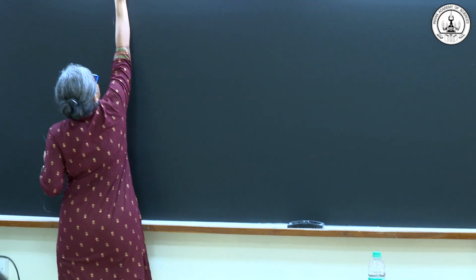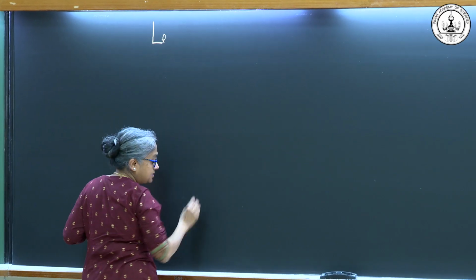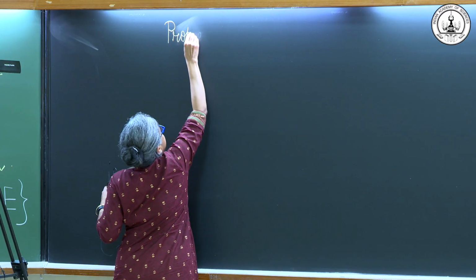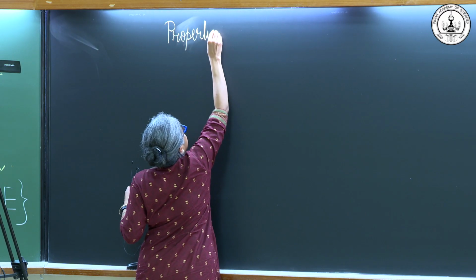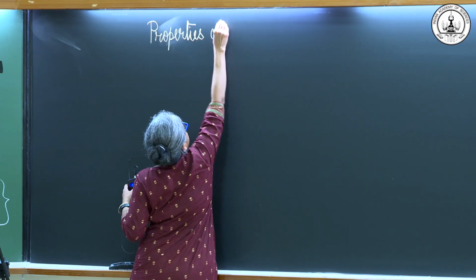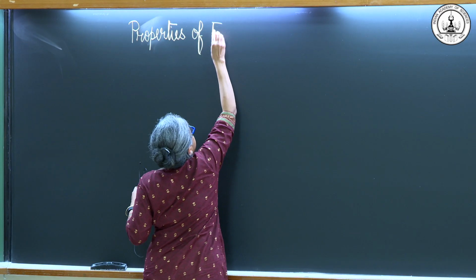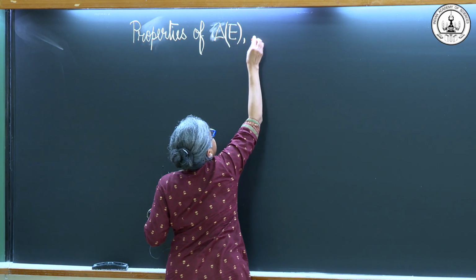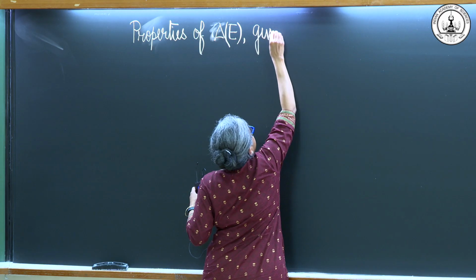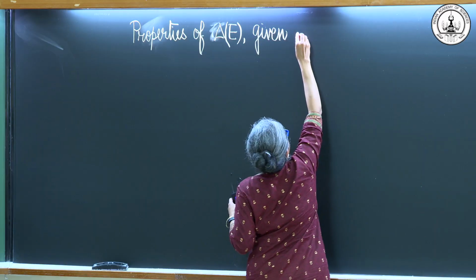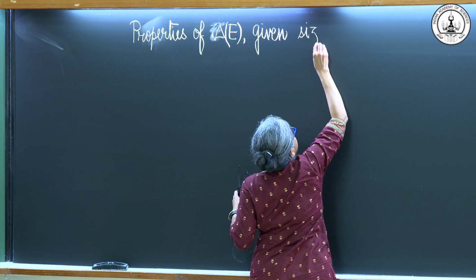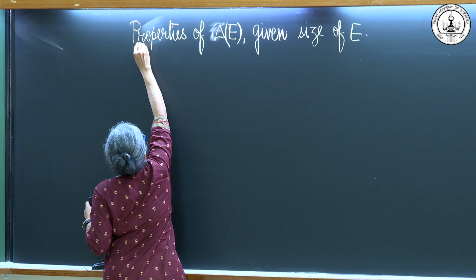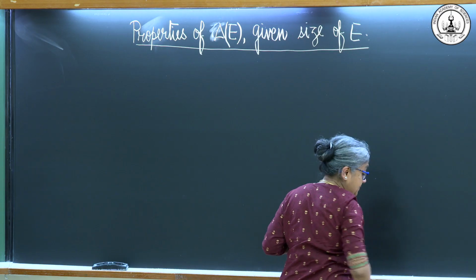On this board, I'm going to talk about the properties of delta E given the size of E. This board I'm going to delegate to the different types of properties.